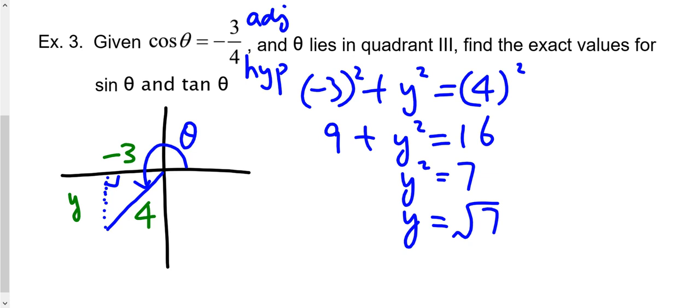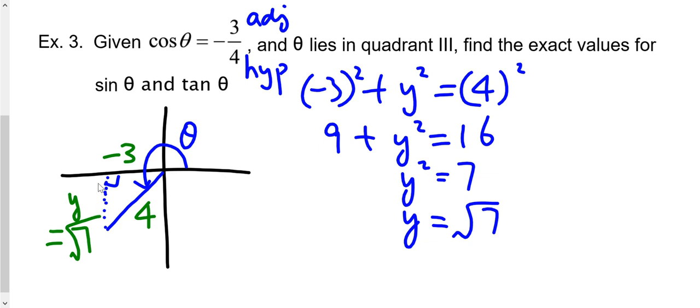So that means my y, this one here, is root 7. But remember what I just said about the x and y values: they could be negative. For negative x here, it can be negative y. For the coordinate, I don't mean the length.